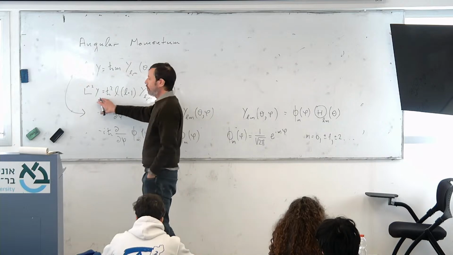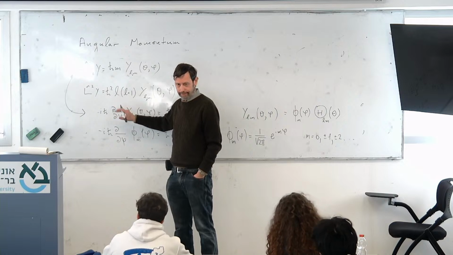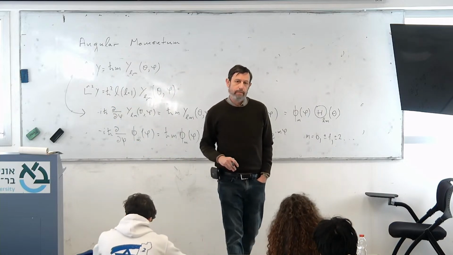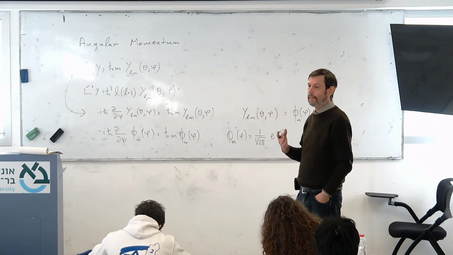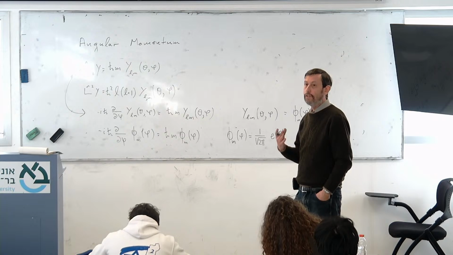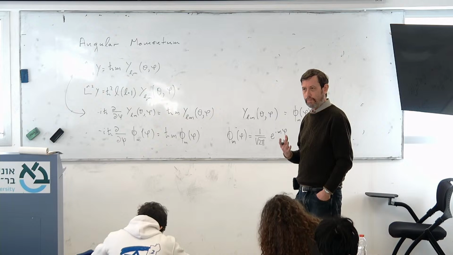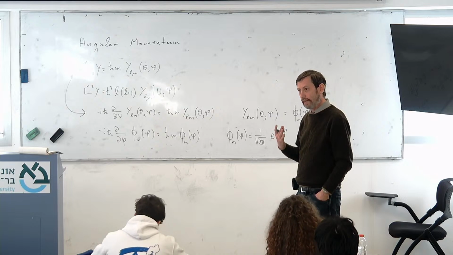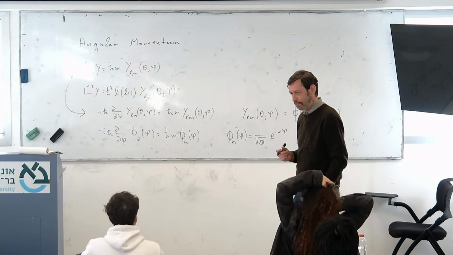Again, we can go and brute force solve this equation. But like for the harmonic oscillator, I want to now define a new set of operators that will make my life easier and actually show me what is the physics behind these properties.